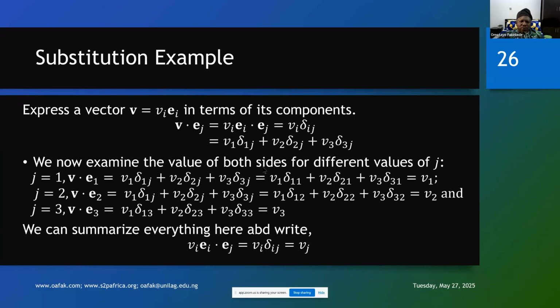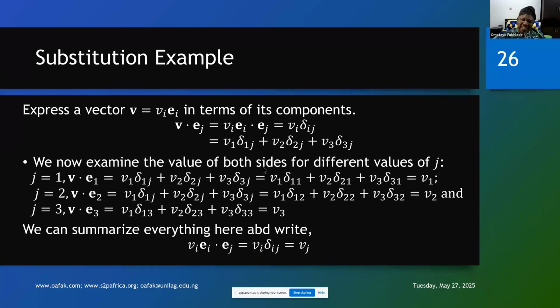Let us take a dot product of V with one of the base vectors, which we have not determined. So we use e_j, because e_j represents all the base vectors, because j can be 1, j can be 2, j can be 3. When j is 1, that is your old i vector. When j is 2, that's your old j vector. When j is 3 here, that's your old k vector.